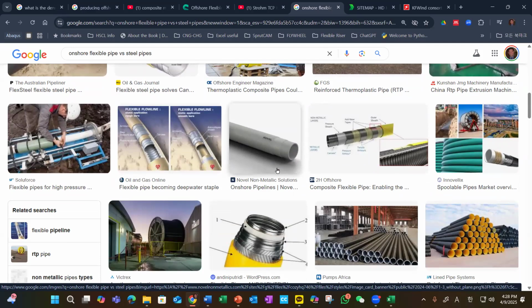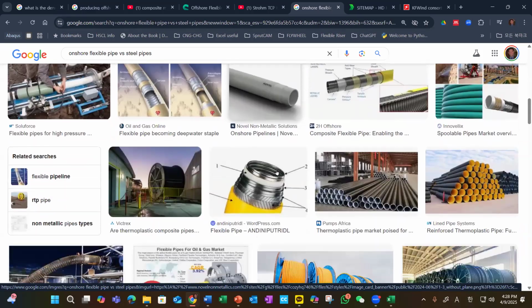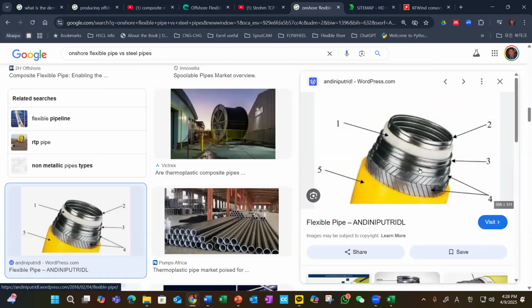And how to make it flexible, there can be a lot of different ways, like very different layers. This is not just for the hydrogen pipe, but a general flexible pipe, which is widely used for oil and gas.